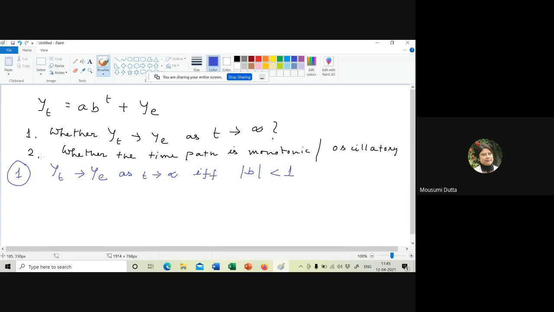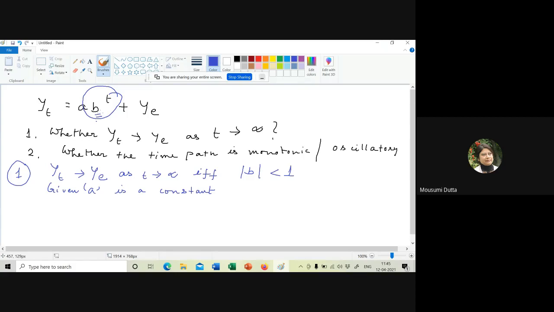Now, given a is a constant, if you focus on this part, if b is a positive fraction, or better to say, if the absolute value of b is less than 1, in that case, if you consider t is equal to 1, suppose it is half. If t is equal to 2, it is 1/4.